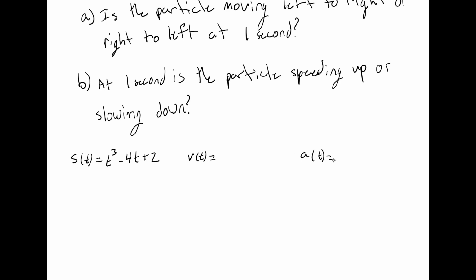Now, v of t is simply the derivative of s of t. We don't need to write down a bunch of steps. We can just use our rules from 3.3. We can take the derivative of each term of s of t using the power rule. So the derivative of t cubed: we bring our exponent out front, we get 3t, and then we drop the exponent by 1, so from 3 it goes to 2.